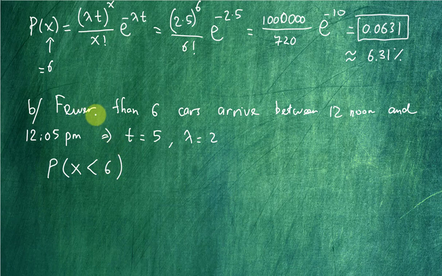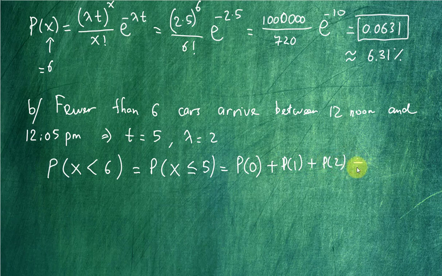Now, the question asks you for fewer than 6. That means you don't want to include the equal sign here. So x less than 6 here is the same thing as x is less than or equal to 5. This is the equivalent statement here. And p of x less than or equal to 5 is the same thing as p of 0 plus p of 1 plus p of 2 plus p of 3 plus p of 4 and plus p of 5.